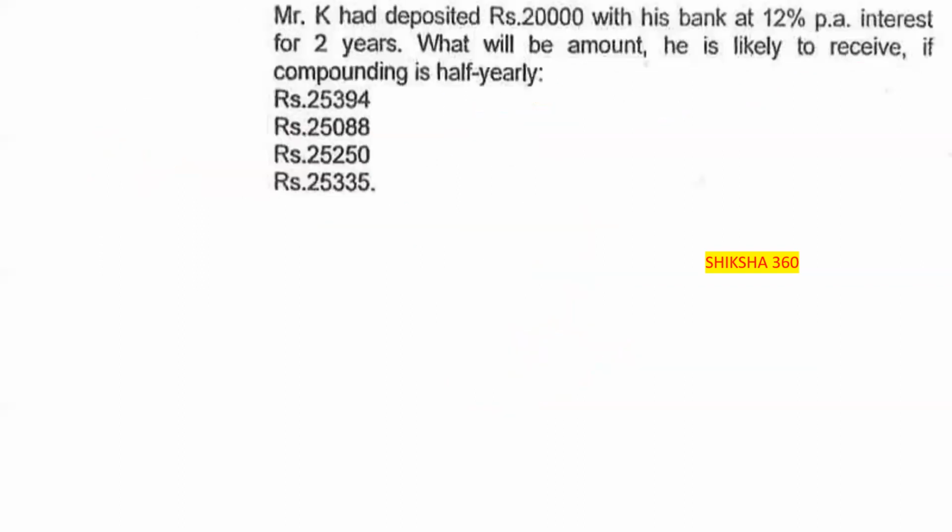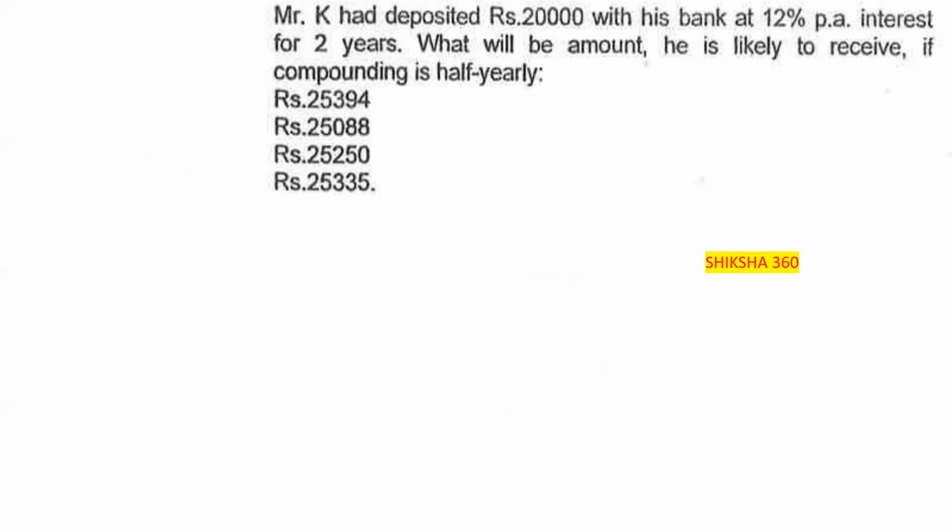A similar type of question. Here they have given that it is compounded half yearly. Clear? So Mr. K has deposited rupees 20,000 with his bank at 12% per annum interest rate for 2 years. What will be the amount he is likely to receive if the compounding is half yearly?